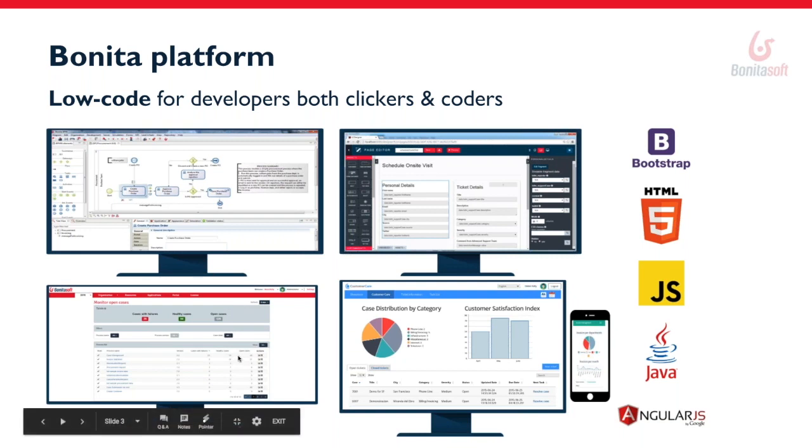The Bonita portal lets the end users interact with the applications deployed on it, but it also lets the administrator configure the platform: deploy new applications, configure who can access the platform, monitor the application health, and so on. And finally, here you can see an example of an application deployed on the Bonita portal, and that same application can run on a desktop or on a mobile, thanks to the Bootstrap technology.